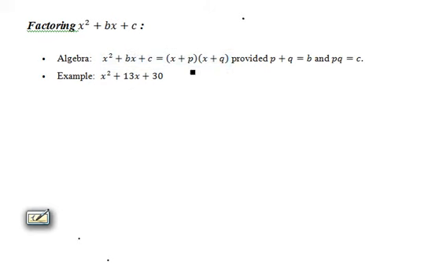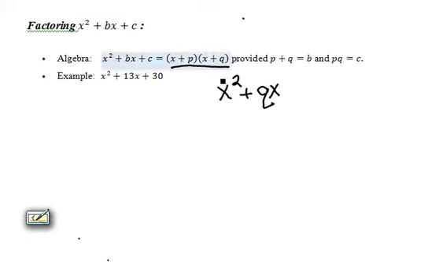Now where this comes from is just the simple fact, if I multiply this out I can see it. If I take x plus P times x plus Q and multiply that out using FOIL, x times x would give me an x squared, and then I'd get plus x times Q, which is QX.